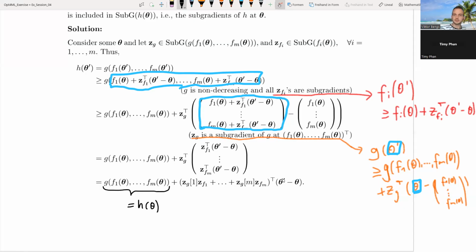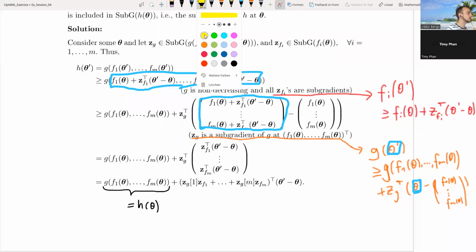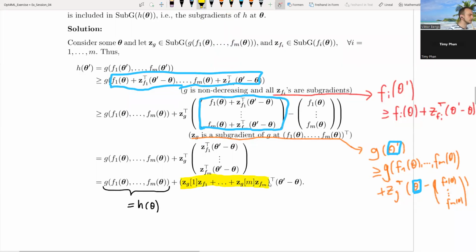But this is, again, the definition of the subgradient. So this vector we have here is a subgradient, or one subgradient.